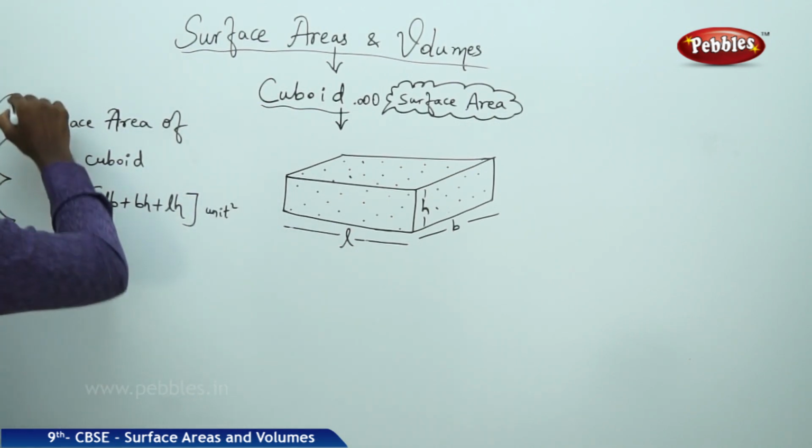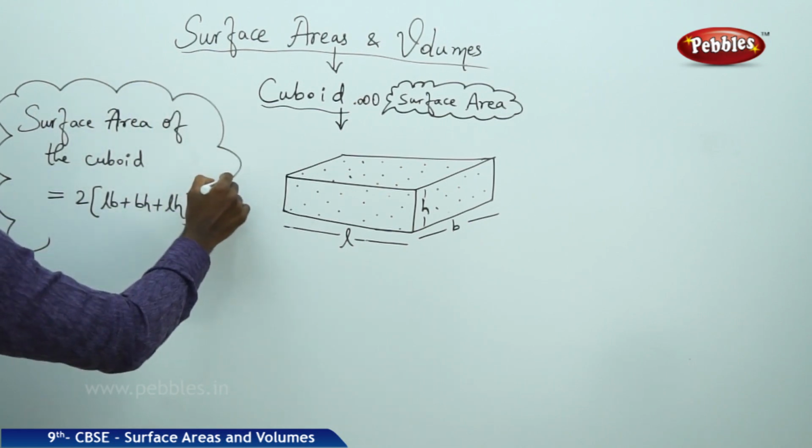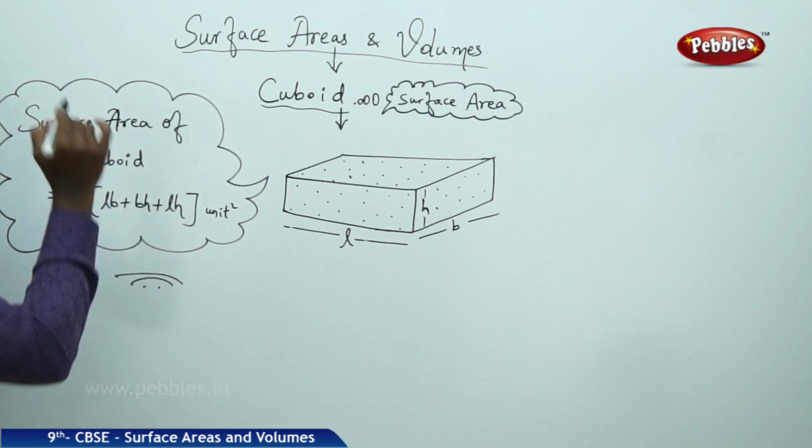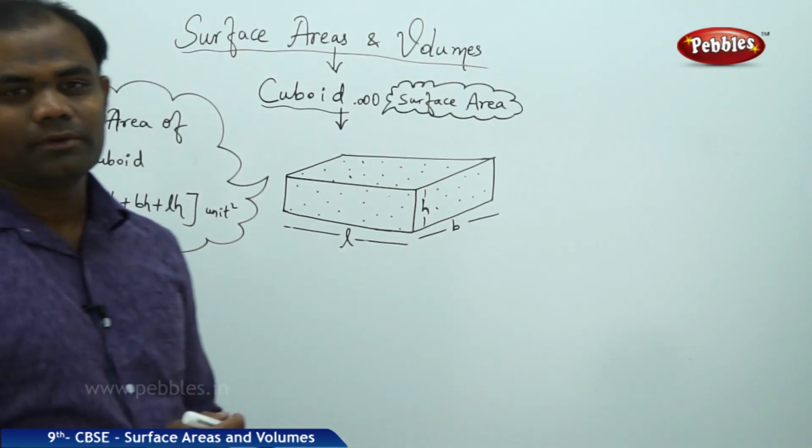That's how we define the surface area of the cuboid.